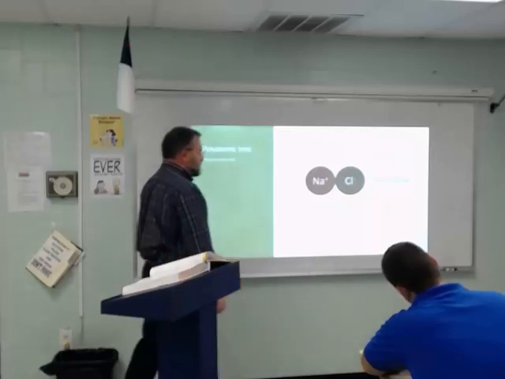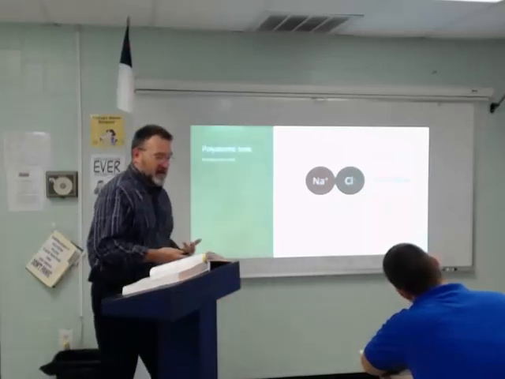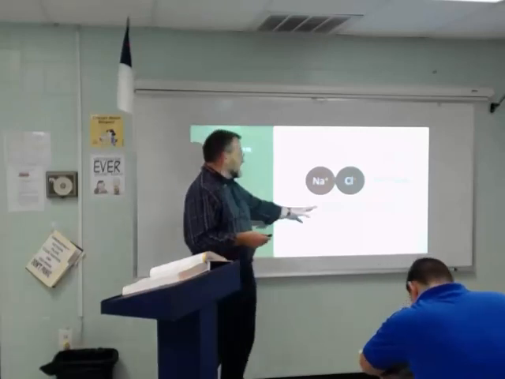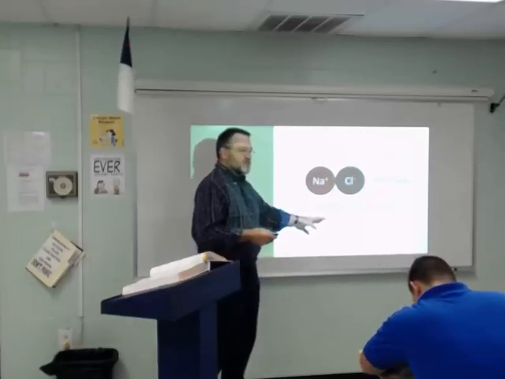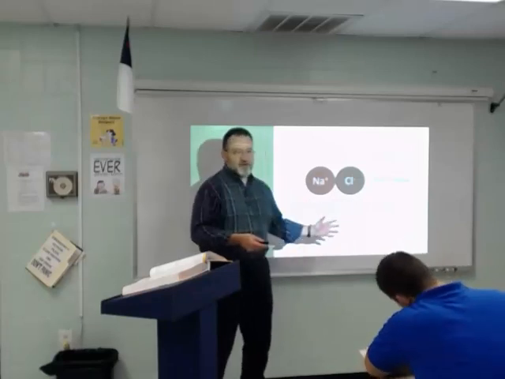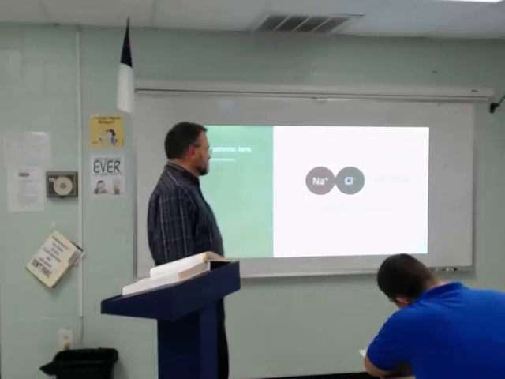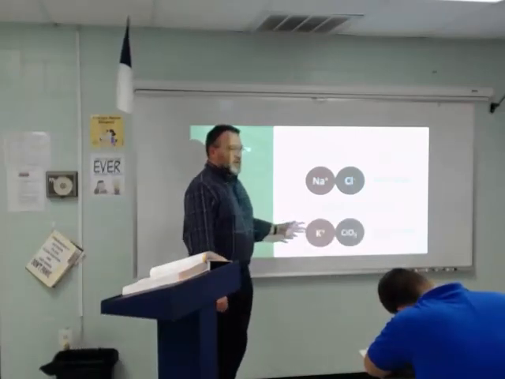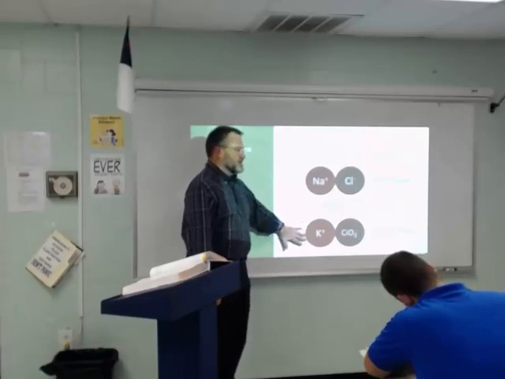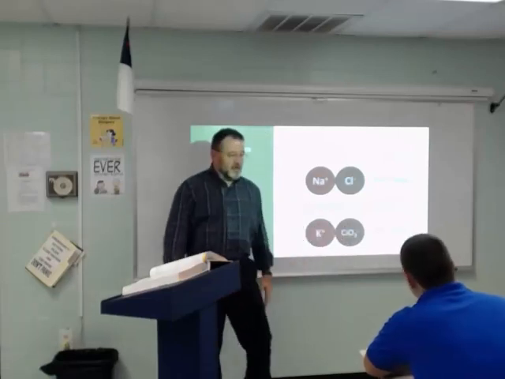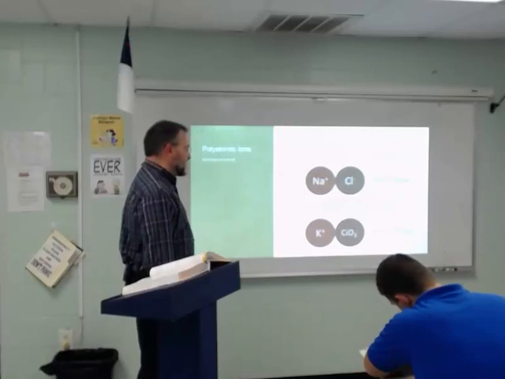In the same way, when we name ionic compounds that use polyatomic ions, we're going to be doing the same thing. The positive ion is going to lead, the electron donor is going to lead, the electron receiver is going to follow with a modified name. So in this case, potassium chlorate, we have a potassium ion forming a bond with a chlorate ion to make potassium chlorate.